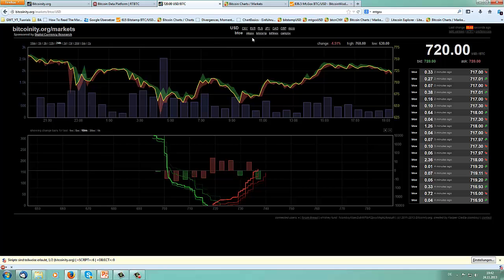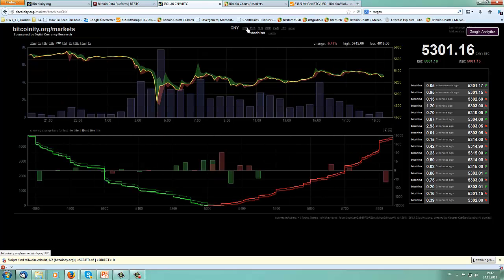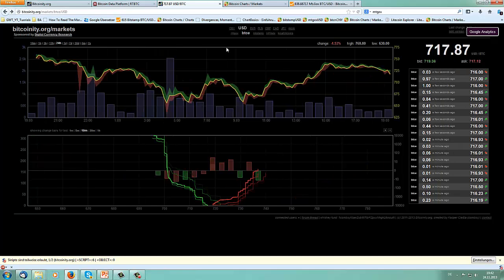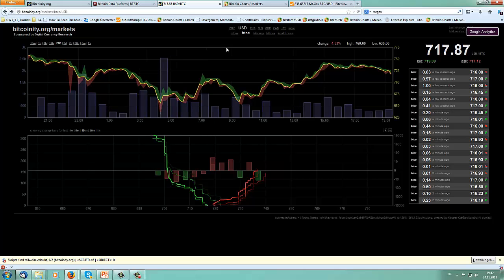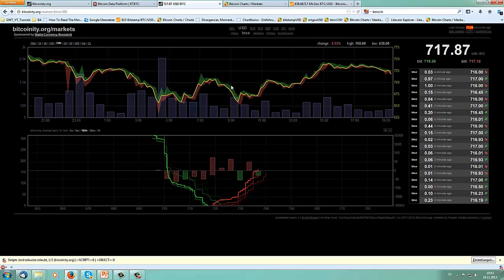The difference was that different exchanges are listed on it, and you can change the currency which you're looking at. I think this was the first site able to change the currency and the exchange you're looking at. The catch was that you didn't have a candlestick chart, only point-connected charts.